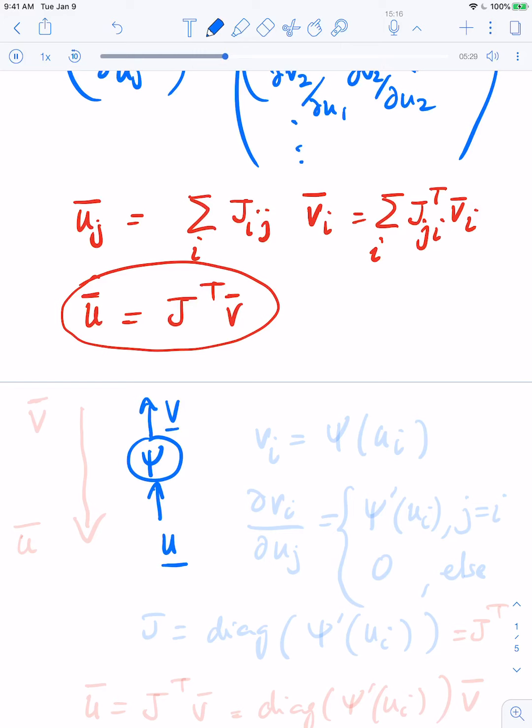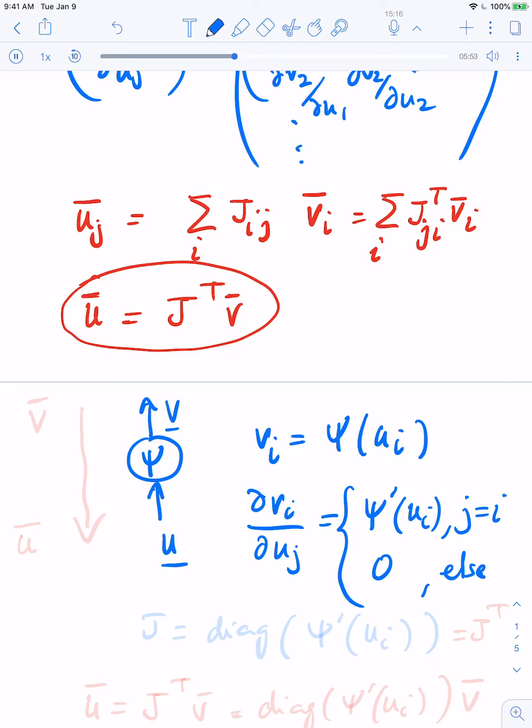If you look at the Jacobian, vi is equal to psi of ui. So del vi by del uj is psi prime of ui for j equals i and 0 otherwise. vi depends only on ui and nothing else.